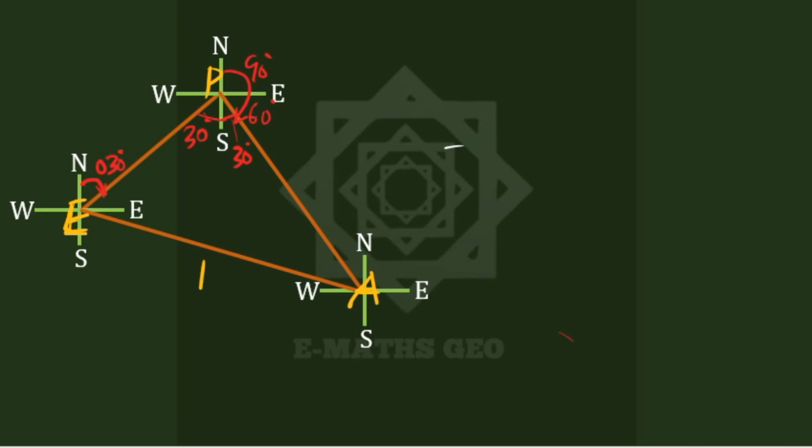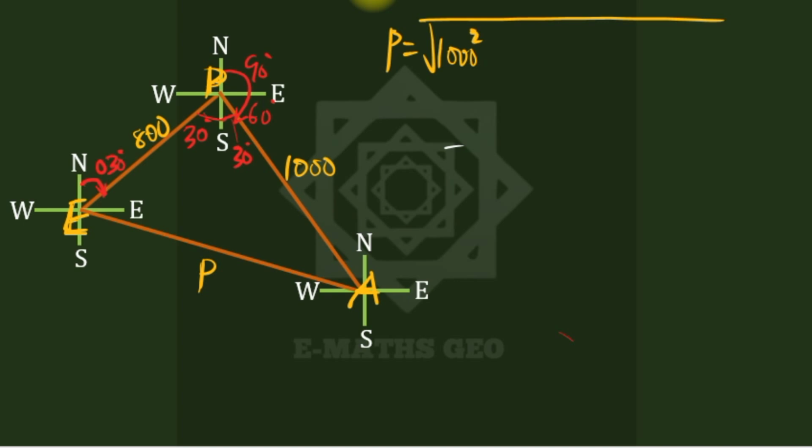Let's call this small letter p, since I used P as the first destination. So we are looking for p, and this is 1000, that's why it's longer. So p is the square root of 1000 squared plus 800 squared minus 2 times 1000 times 800 cos 60. That's the cosine rule.